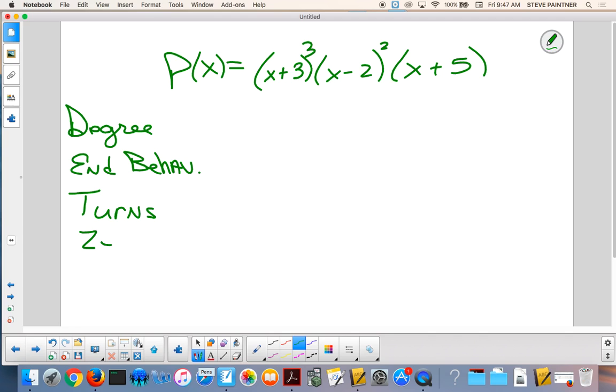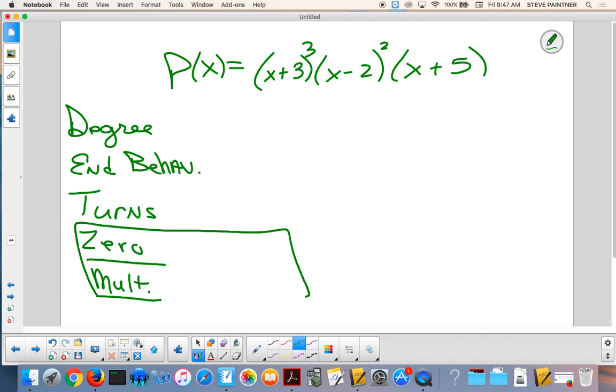Figure out your zeros. Figure out your multiplicity. For the zeros and the multiplicity, I made a quick little table. I just like to see it. I like to see tables.